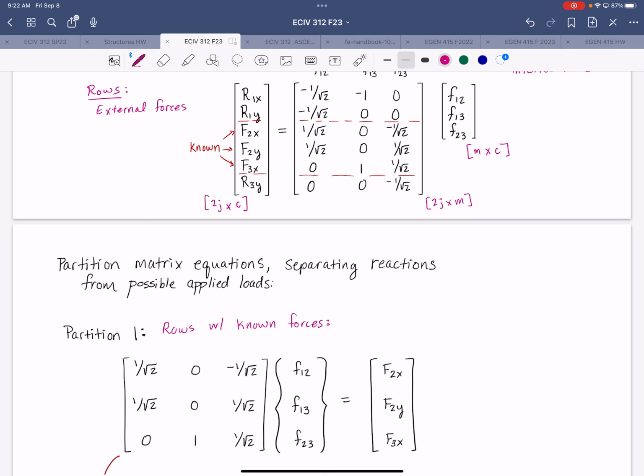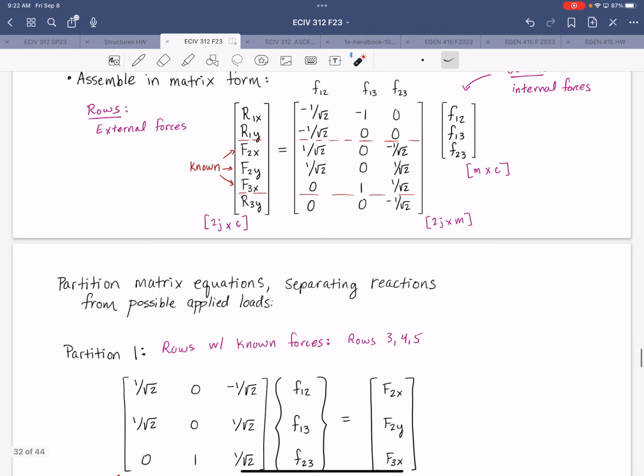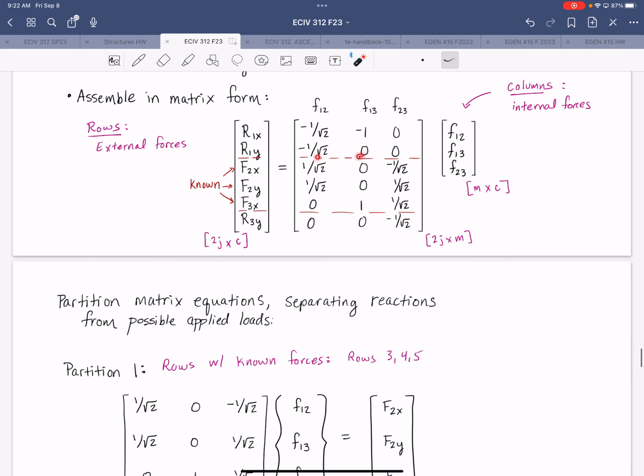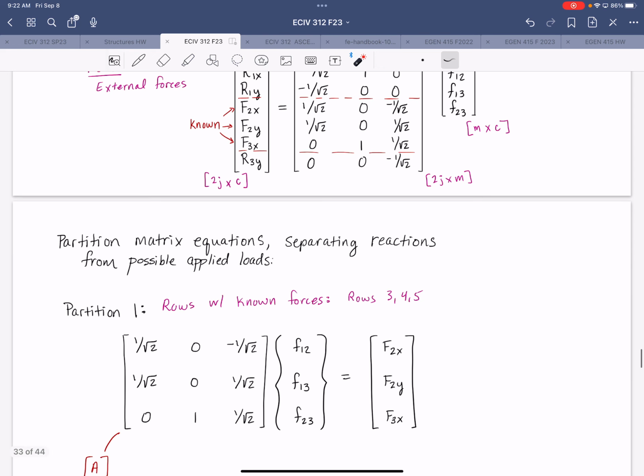All right, so in this case, that would be rows 3, 4, and 5. So you're just taking those rows out of this matrix, all right? And since all of the columns are included, we still have all rows of the column vector there.